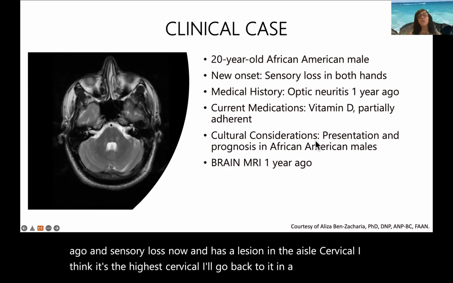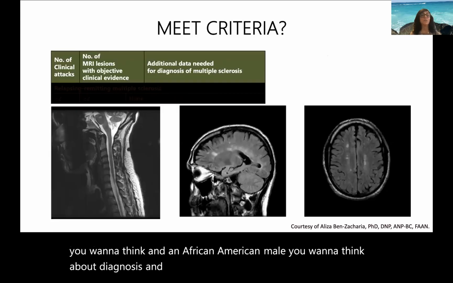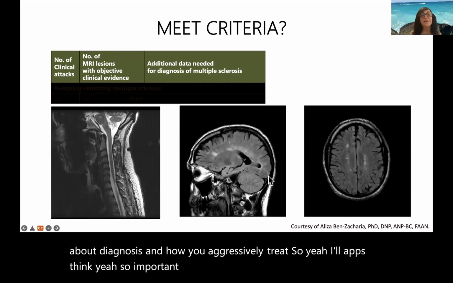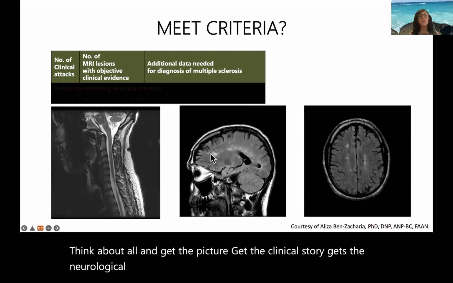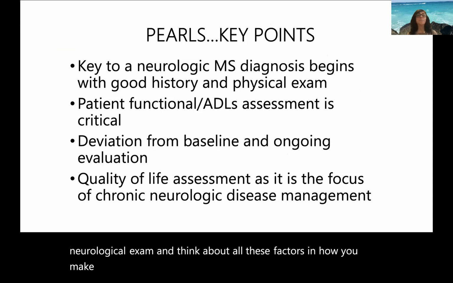But with all this, in an African-American male, you want to think about the diagnosis and how aggressively you treat. So it's important to think about all of it and get the picture, the clinical story, the neurological exam, and think about all these factors in how you make the diagnosis of MS.